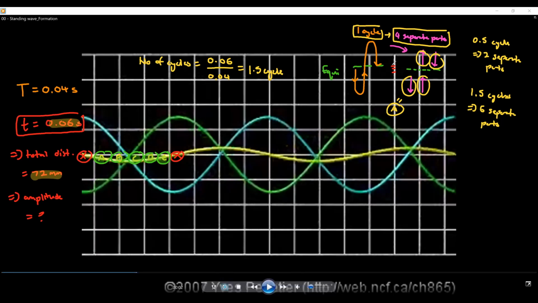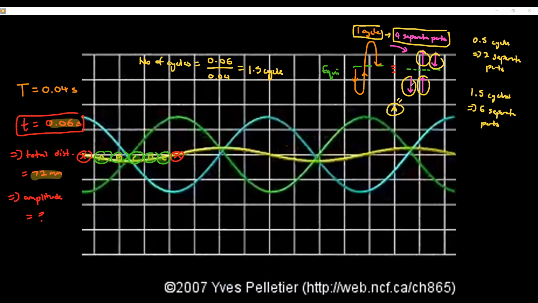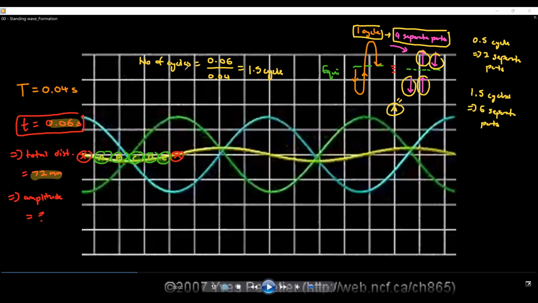So if we were to split out our motion for one cycle into 4 separate parts, the distance traveled by each part is actually our maximum displacement from equilibrium. So therefore, it will be our amplitude. So now in my case, if I want to find the amplitude, it would thus be 72 millimeter divided by 6 separate parts, giving me 72 divided by 6, giving me 12 millimeter.